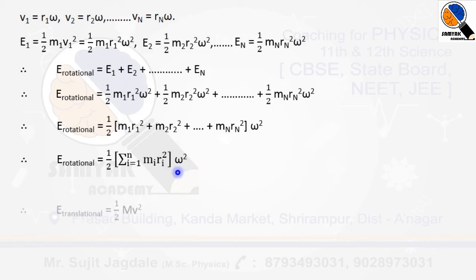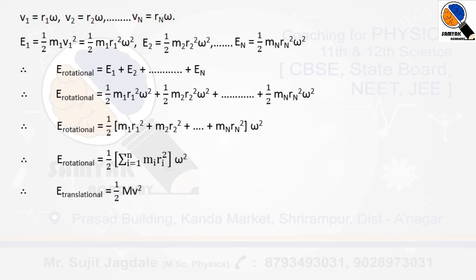Now if we compare this equation with the translational kinetic energy, which is given by 1/2 mv², its general equation is 1/2 mv². Here m means opposition in translational motion.